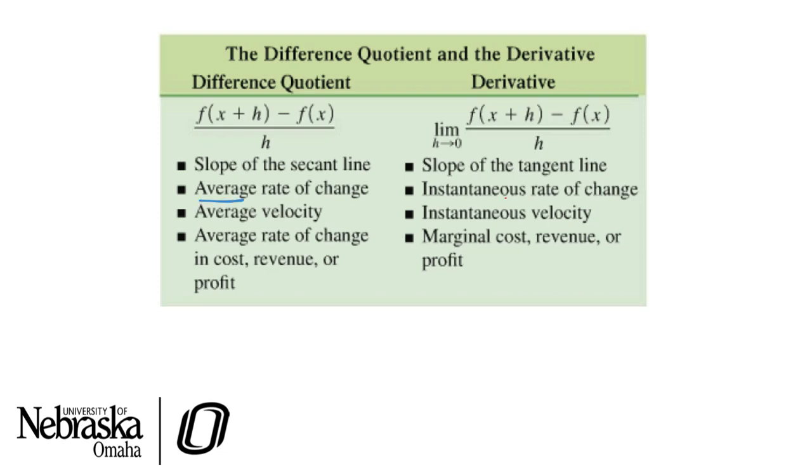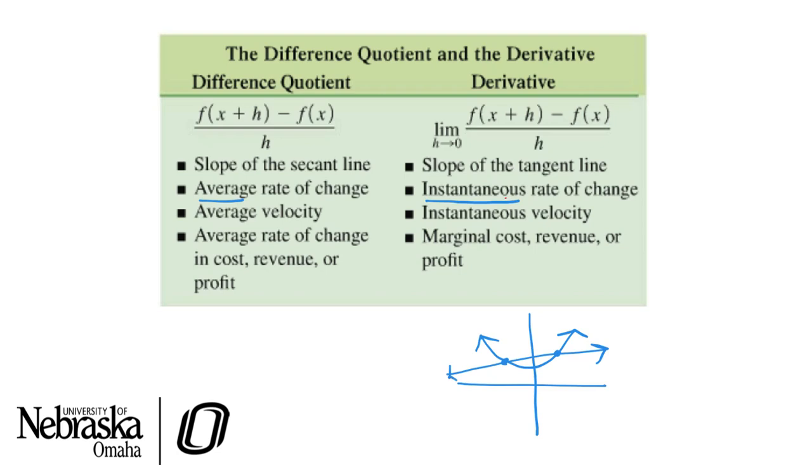The left chart is the average rate of change, and the right chart is the instantaneous rate of change. So the left chart is the slope of a secant line. If you remember a secant line, let's draw something real quick. A secant line is if we pick 2 points, this line goes through it, right?